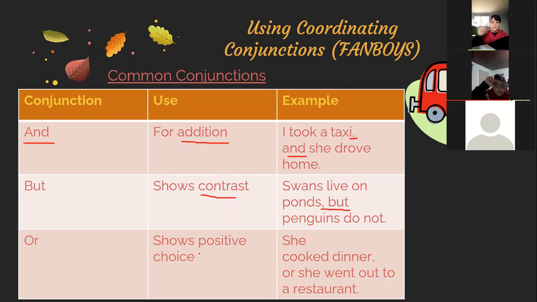Or I use when I have choices, but good, positive choices. I have to choose between two good things. She cooked dinner, or she went out to a restaurant. So or shows positive choice.